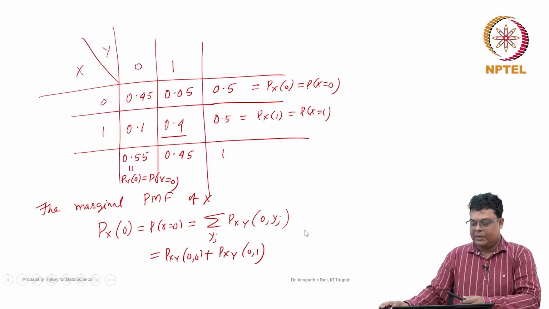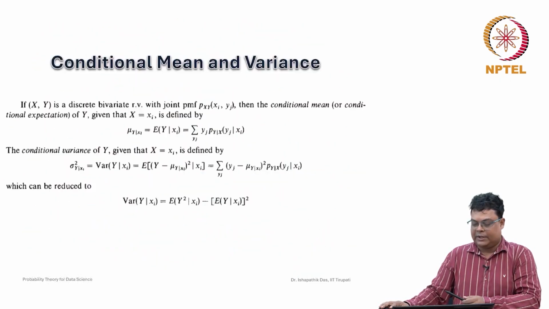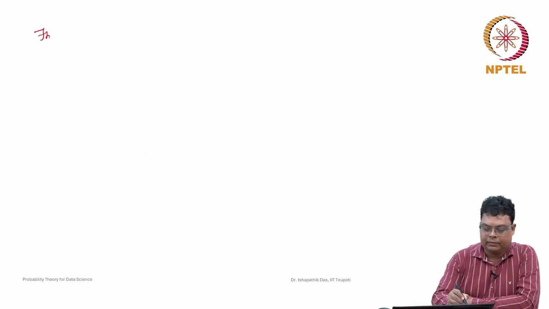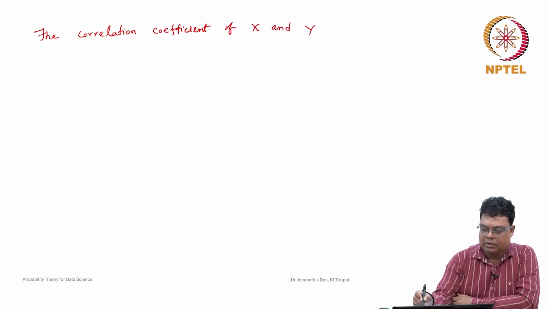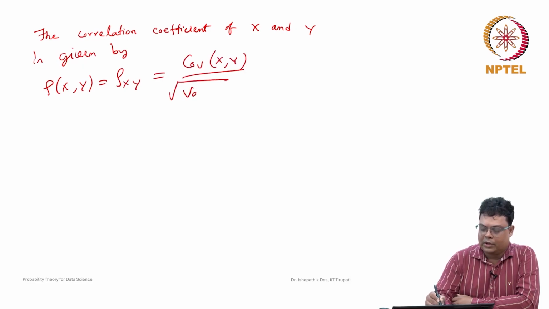The correlation coefficient of x and y is denoted rho xy, and defined by covariance of xy divided by root of variance of x into root of variance of y.